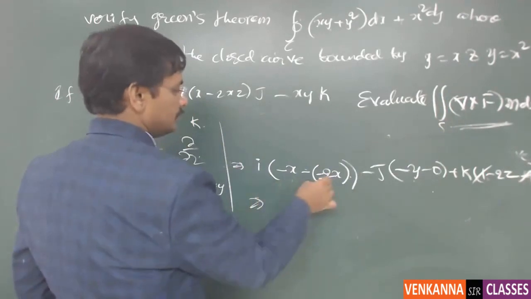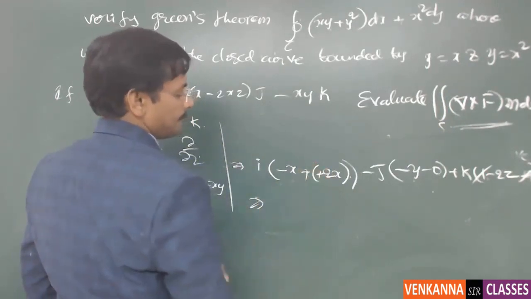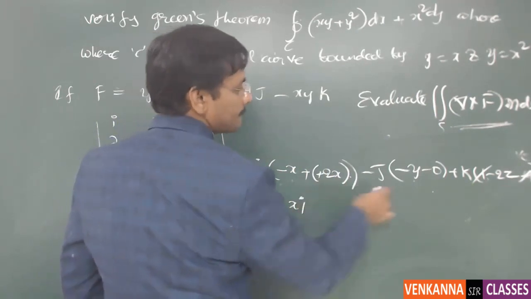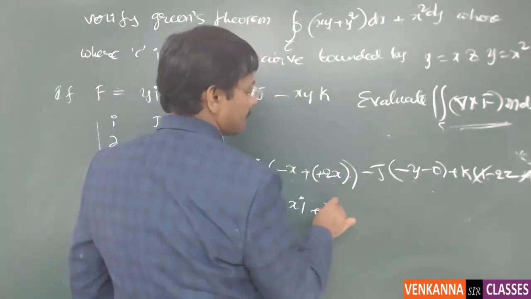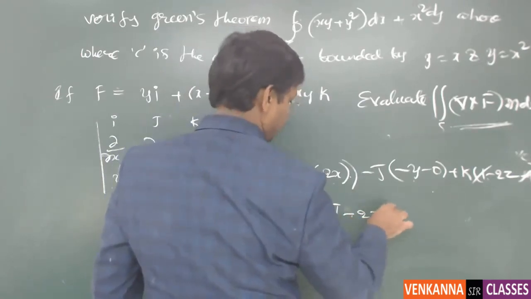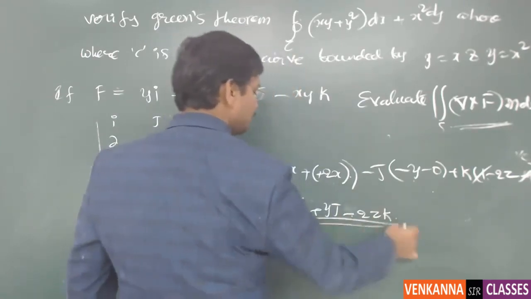So this is plus 2x minus x, so this is xi plus yj minus 2zk. So this is del cross F value.